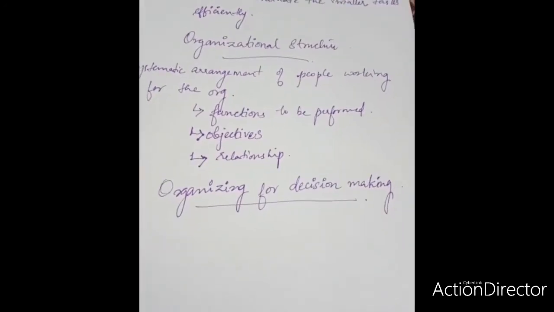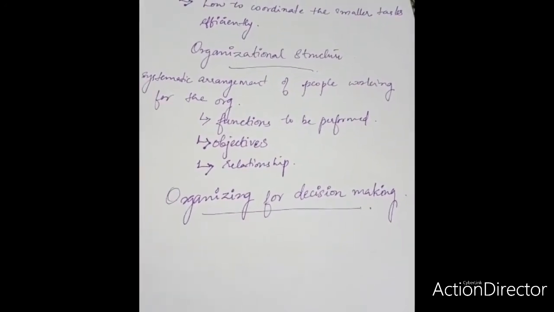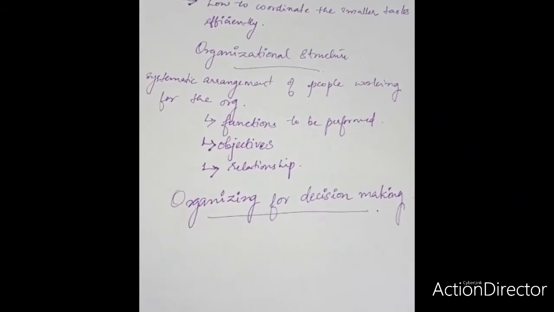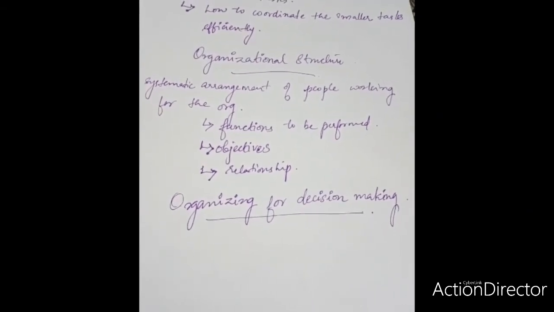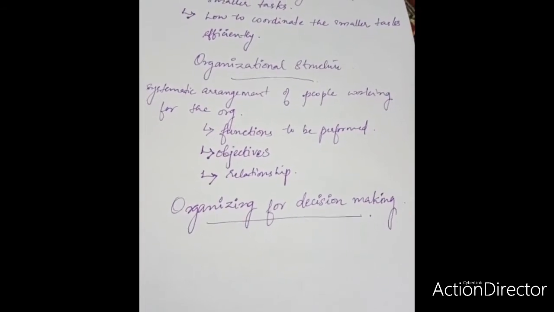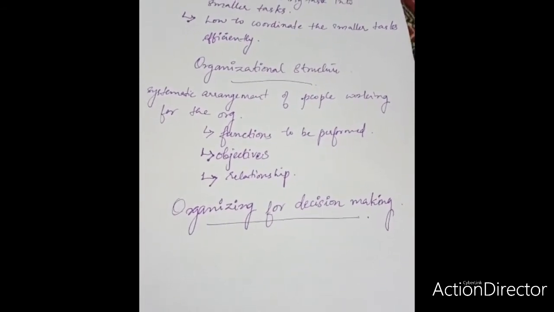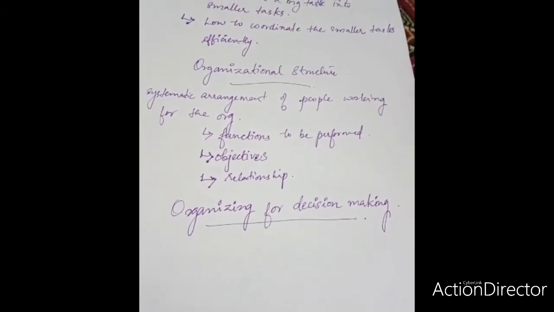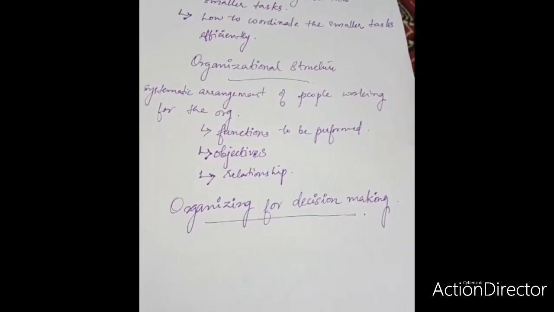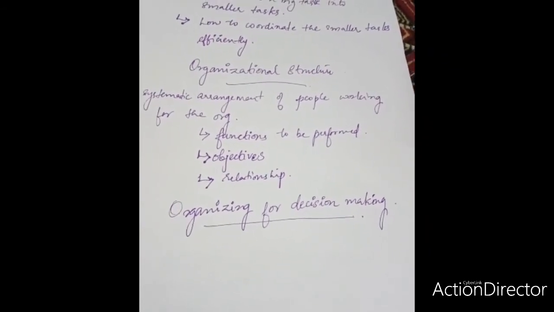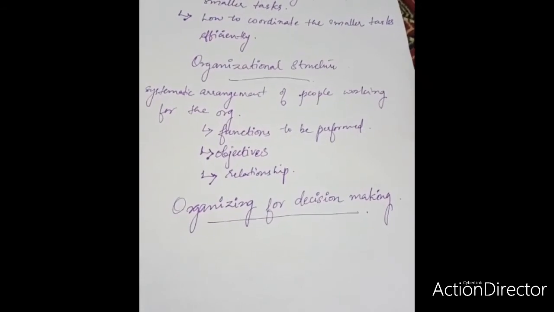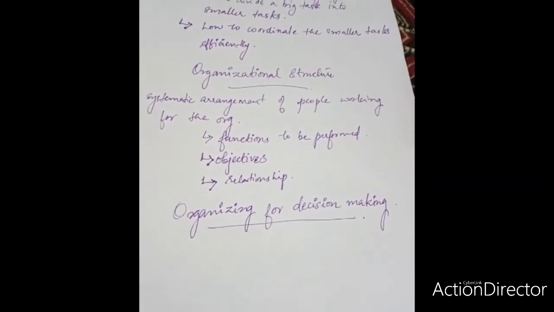Our next topic is organizing for decision making. We have now understood the design of an organization and the structure of an organization. Organizing in a general sense means systematic arrangement of activities. In organizational structure, we came across a systematic arrangement of people.